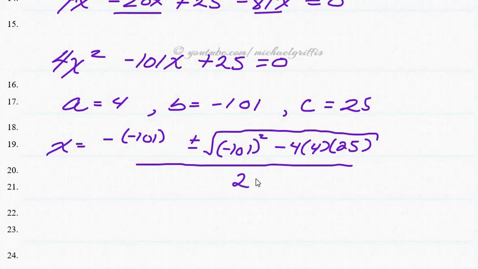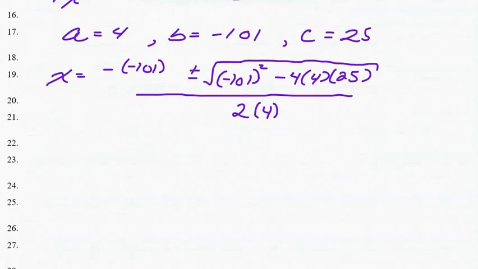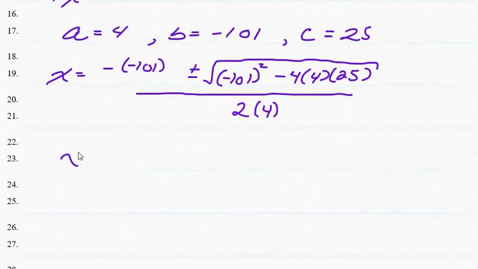That's all over 2 times A, which is 4. All right. So negative negative is positive. Plus or minus. The heck is under there? So you do the calculations on that. I got the square root of 9,801.